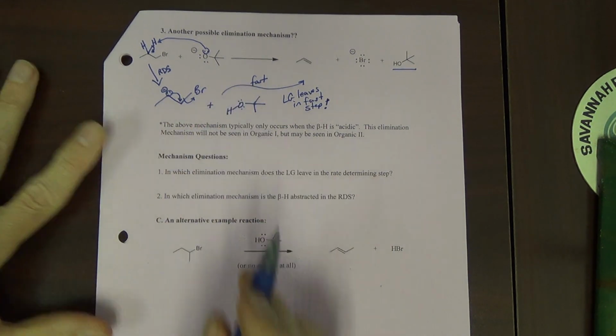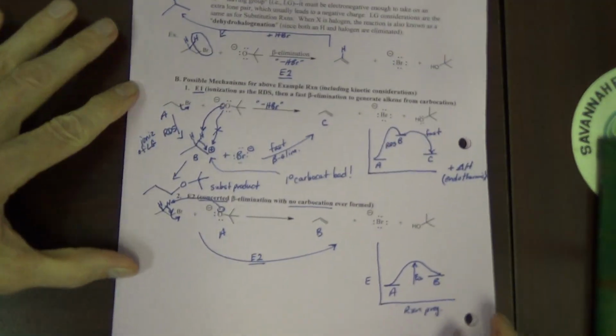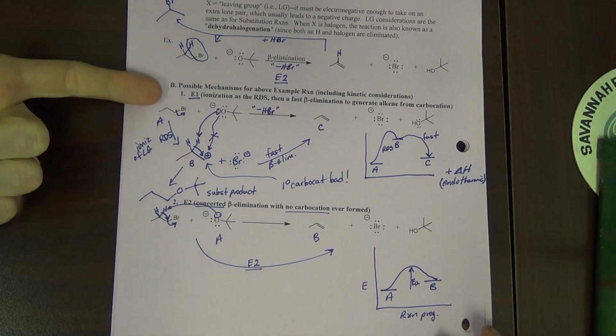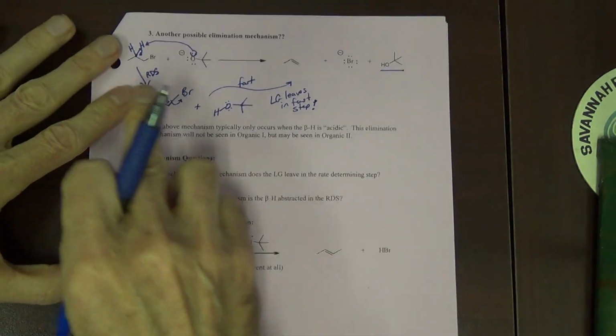And that's a big difference between the two mechanisms we'll be focusing on here in Organic 1, the two elimination mechanisms, E1 and E2. We will not be looking at this.